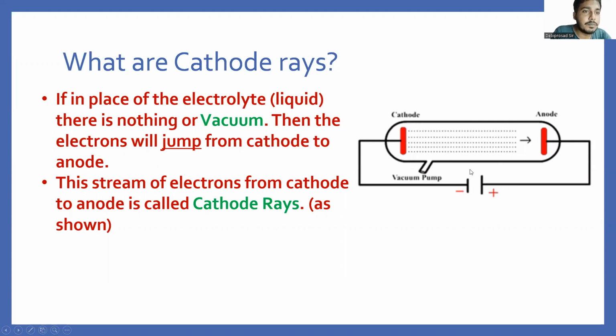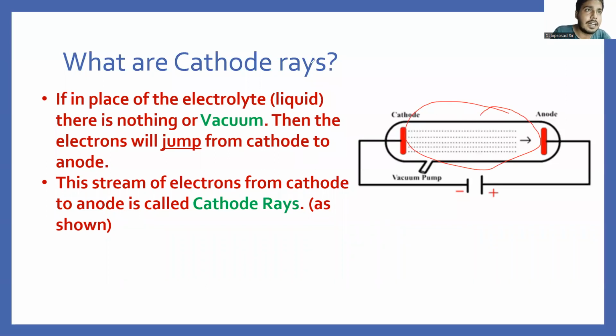From here you can see the flow of electrons from cathode to anode. This particular flow of electrons is called the cathode ray.